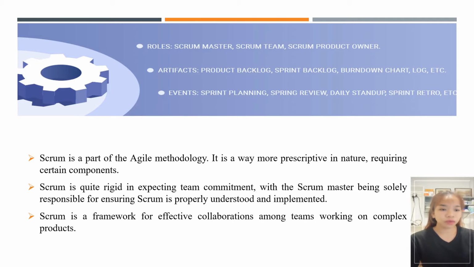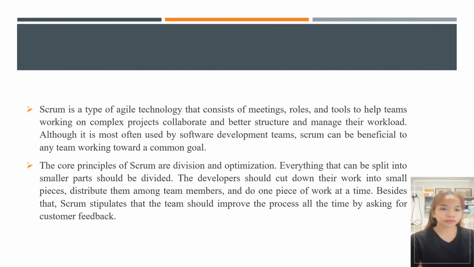Scrum is a framework for effective collaboration among teams working on complex products. Scrum is a type of agile technology that consists of meetings, roles, and tools to help teams working on complex projects collaborate and better structure and manage their workload.